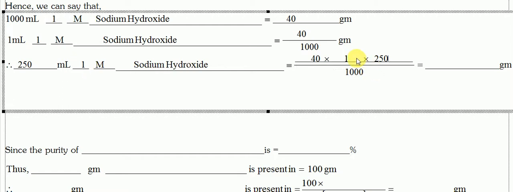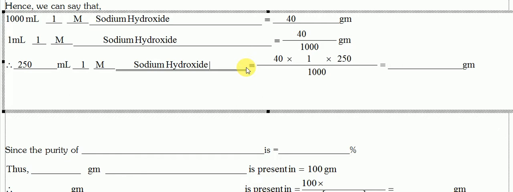Since we are calculating a single unit, we do not need to write this one, but as our formula contains a space in this position, we have to write just 1 in this position. But if we do not write 1, it will still be enough for the calculation.